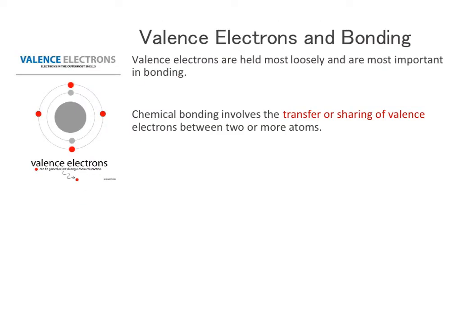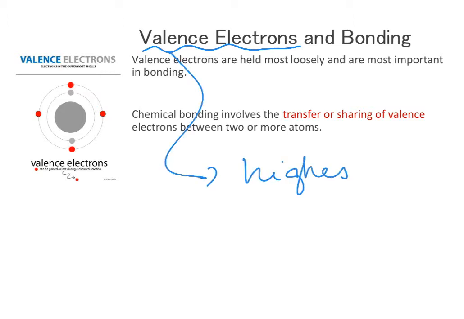All right, I have mentioned previously, but it's worth emphasizing again, that it is the valence electrons in atoms that participate in chemical bonding. So what are the valence electrons? Those are electrons in the highest energy level.